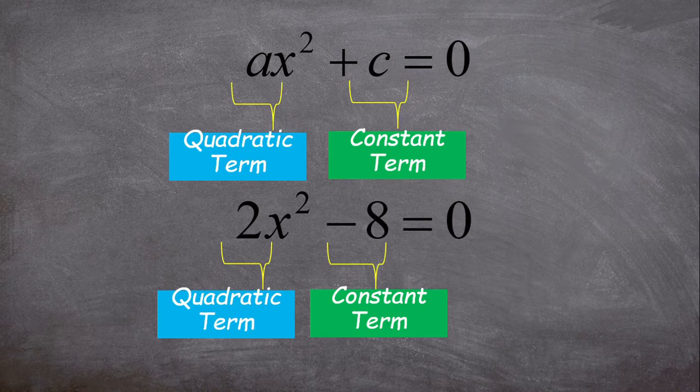Now our a is equal to positive 2, and our b is 0. Since there is no linear term, it is understood that the value of b here is 0. And the constant value c is equal to negative 8.